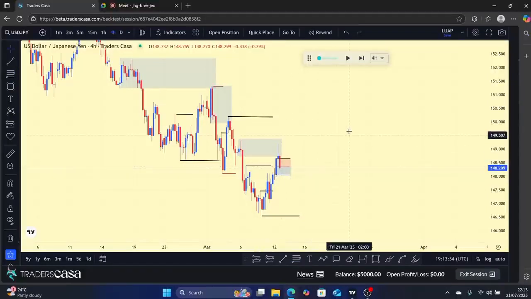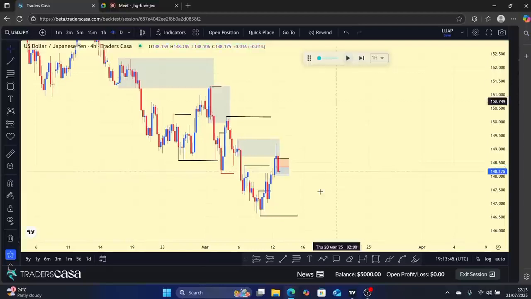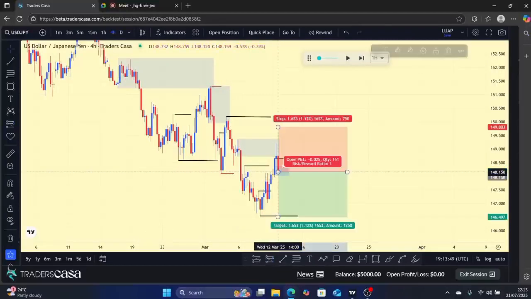But first we need to make sure that the candle closes before we actually react. So let's see. Yeah, exactly right there, the candle has closed below the 50% of that bullish candle.